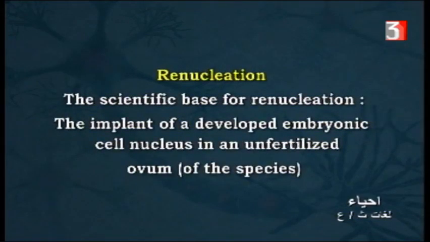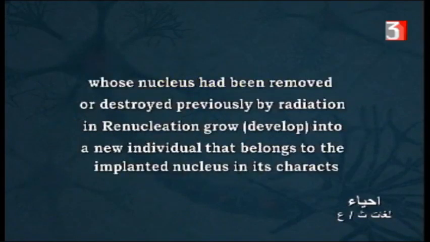Number 2, from these methods, how to produce a baby by renucleation. The scientific basis for renucleation is the implantation of a developed embryonic cell nucleus in an unfertilized ovum of the species whose nucleus has been removed or destroyed previously by radiation.